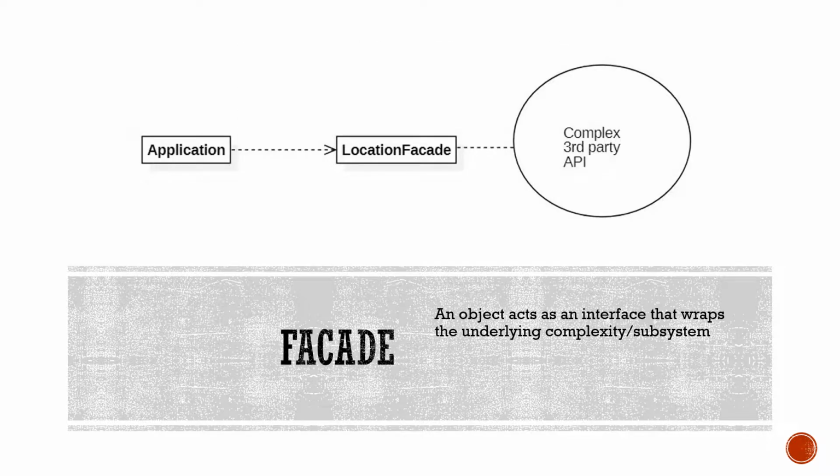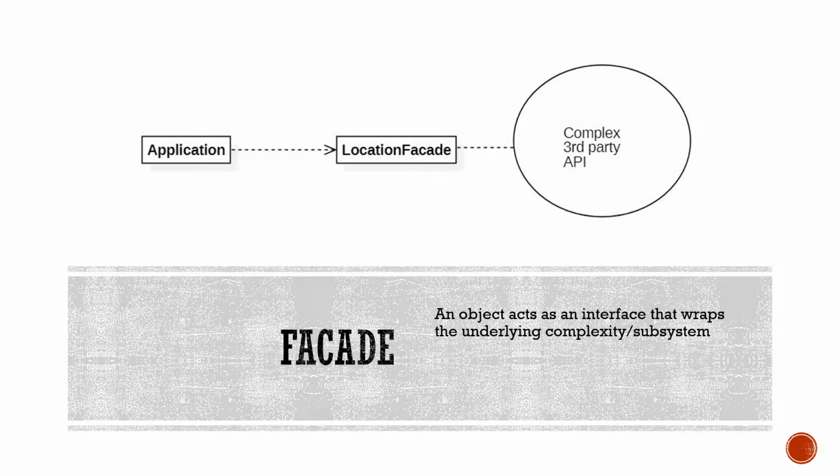The last pattern that we will talk about is called facade, and it's the simplest one, and I'm pretty sure that a lot of us have used it a lot. Let's see the example. We have a complex third-party API containing a lot of classes and interfaces, which is encapsulated in the location facade. It's hidden by the location facade.